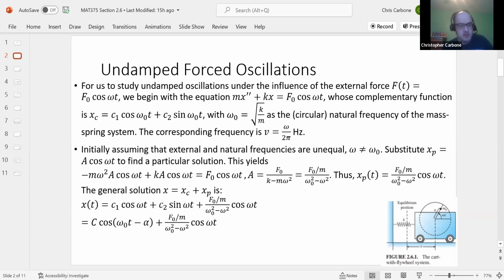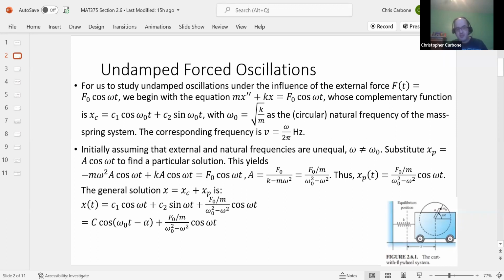This would then yield negative m times omega squared times a times the cosine of omega t plus k times a times the cosine of omega t equals f sub 0 times the cosine of omega t, where a is f sub 0 over k minus m times omega squared, that being f sub 0 divided by m, divided by omega sub 0 squared minus omega squared. Thus, x sub p of t is f sub 0 divided by m divided by omega sub 0 squared minus omega squared times the cosine of omega t.